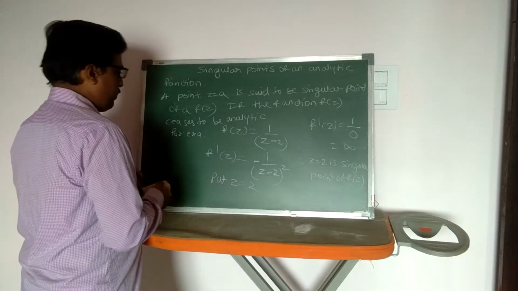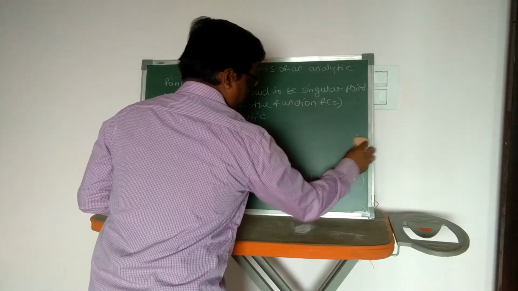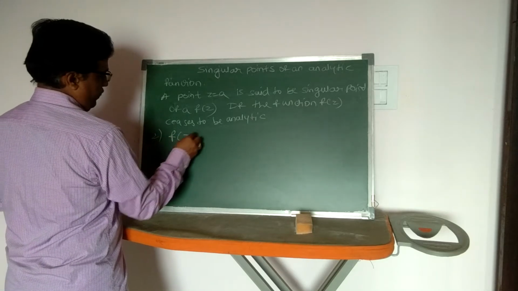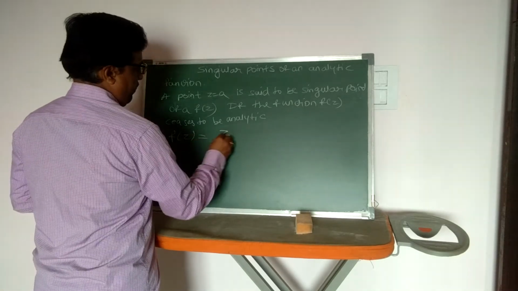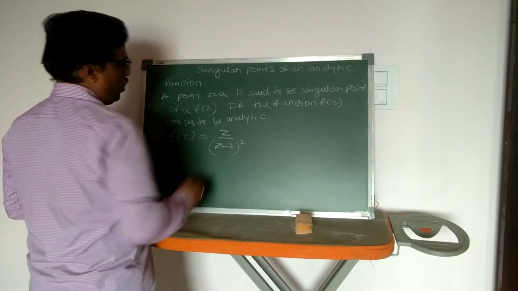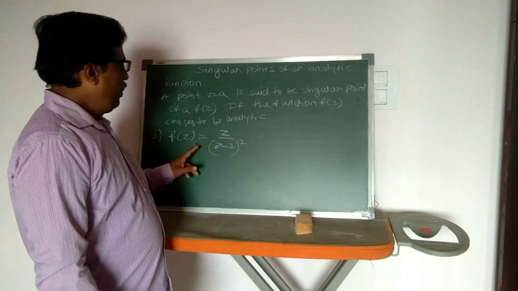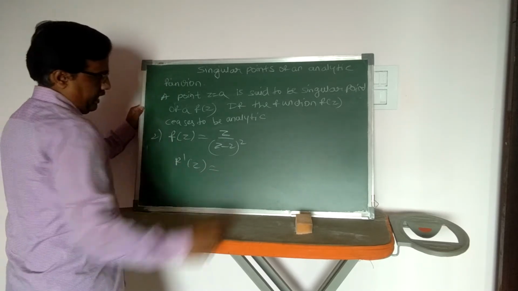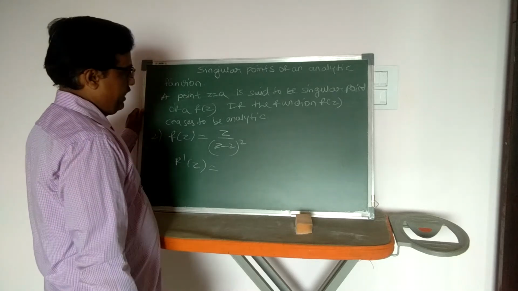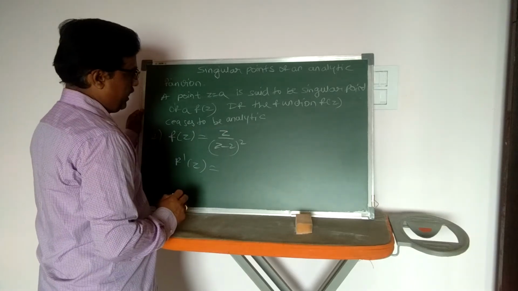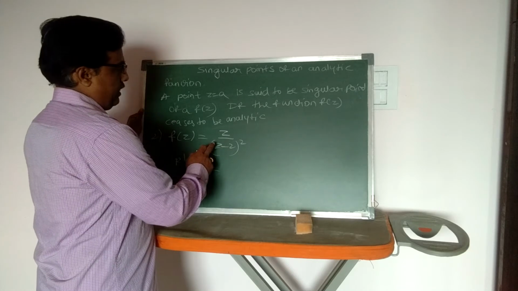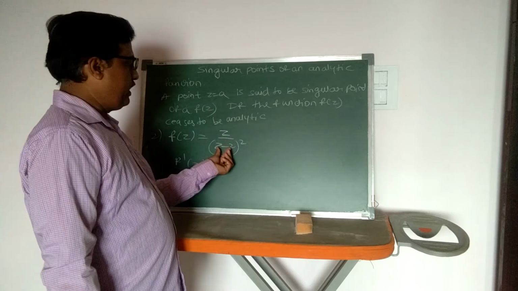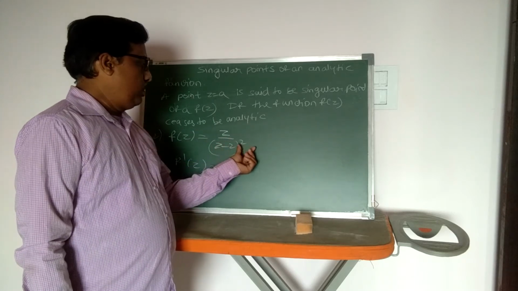Next I'll give another example. Consider f of z is equal to z divided by z minus 2 whole square. Again find its derivative. By applying the quotient rule, in the denominator we get z minus 2 to the power 4.